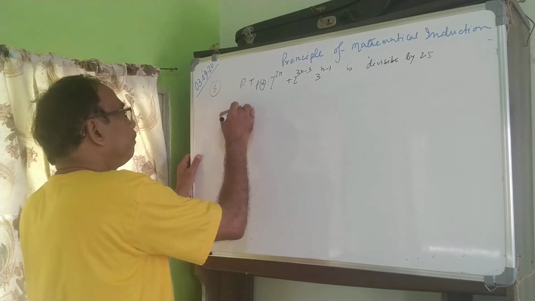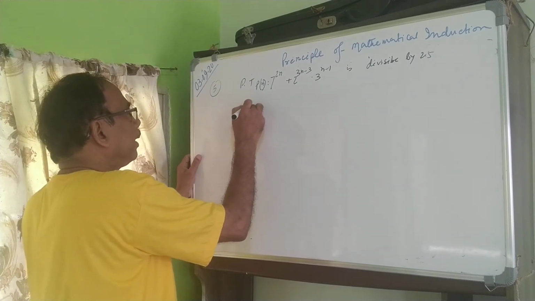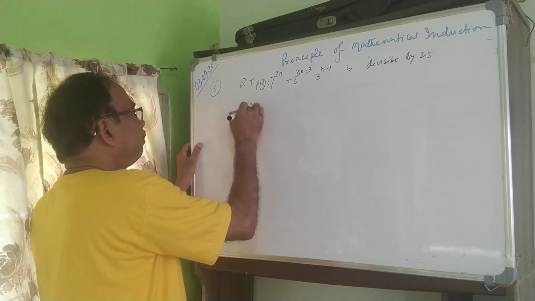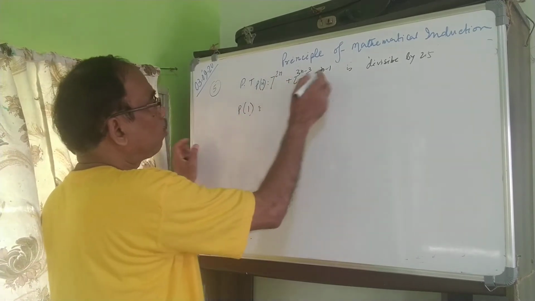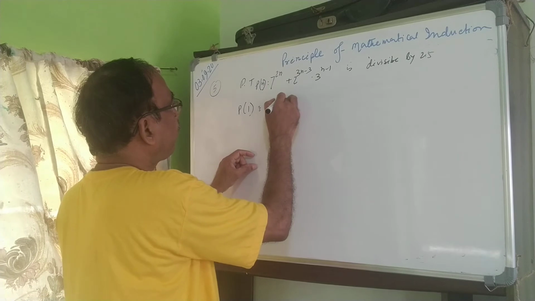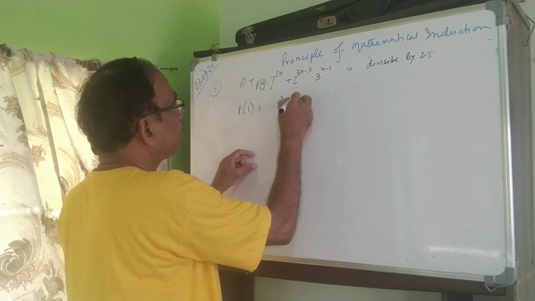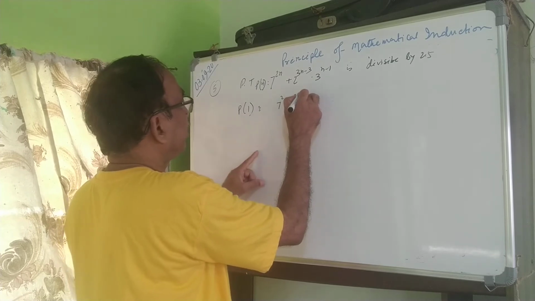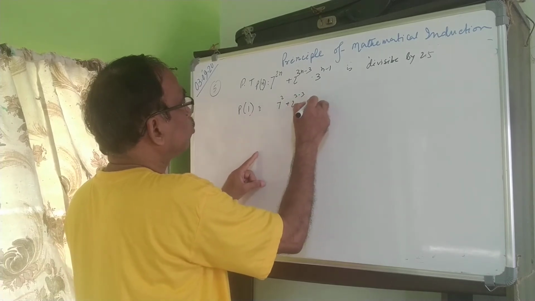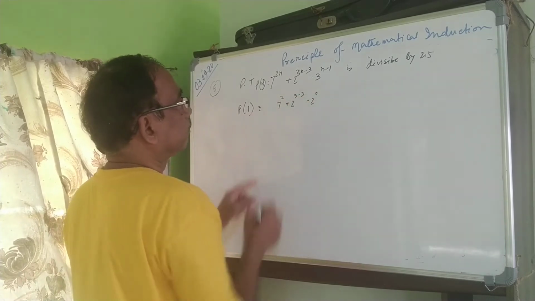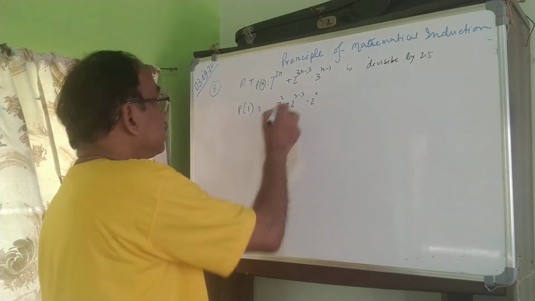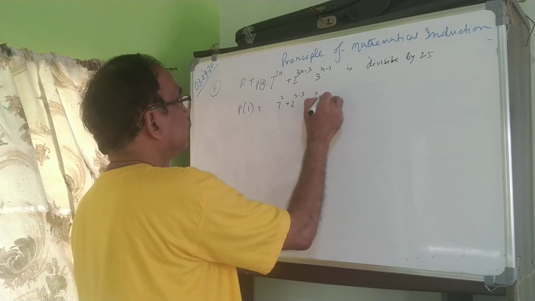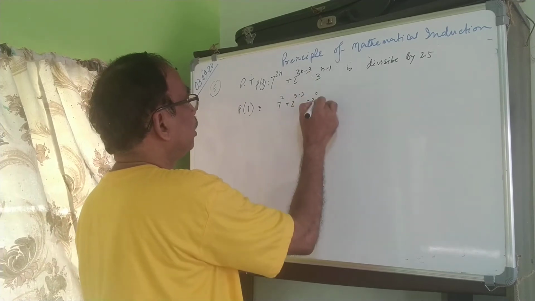Then taking P(1) first of all, put 1 instead of n: 7 to the power 2 plus 2 to the power 3 minus 3, into 2 to the power 0, plus 3 to the power 0.